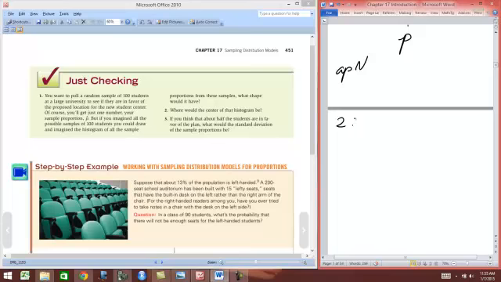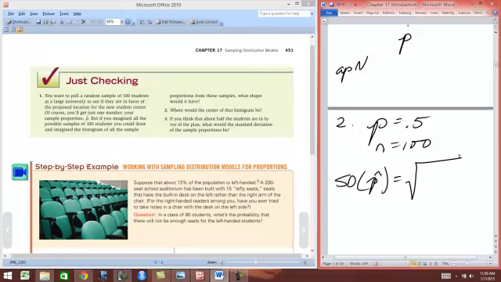If half the students are in favor of the plan, P equals 0.5. What's the standard deviation? N equals 100. So, standard deviation of P hat equals, now you should show all this. Answering the question is not simply putting down a number. You've got to show your work.